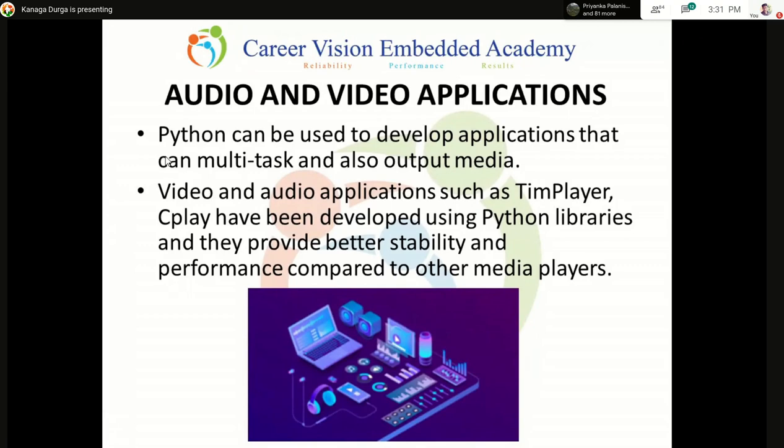So Python even helps us in developing audio and video applications.